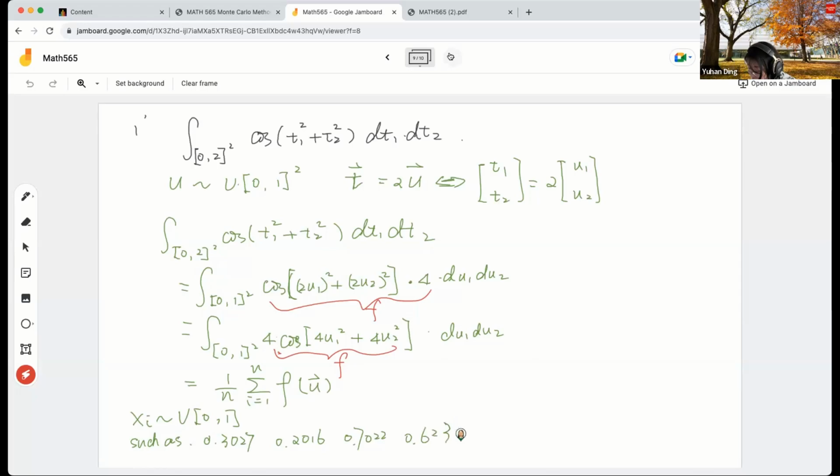So suppose you are given these 4 different uniform random numbers. Then I ask you to construct a simple Monte Carlo estimator for this new mu here. How can you try to do that?